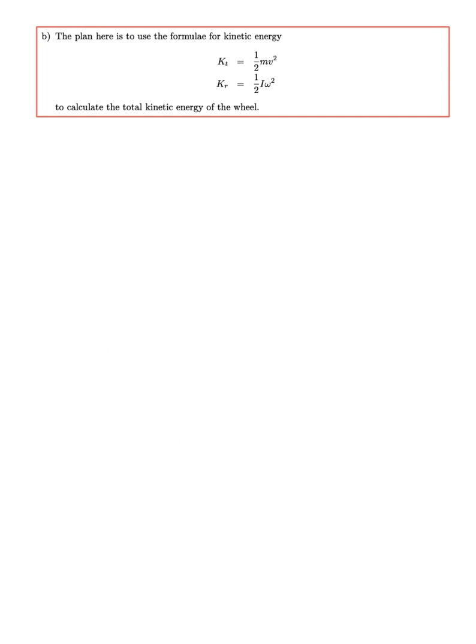But we express it differently for objects that are spinning versus objects that are translating. And when a wheel rolls without slipping, it's doing both at the same time. So we have to account for all the kinetic energy of all the parts of the wheel. So we would need to calculate its translational kinetic energy using the usual 1/2 mv squared, and we'd have to calculate its rotational kinetic energy using 1/2 I omega squared.